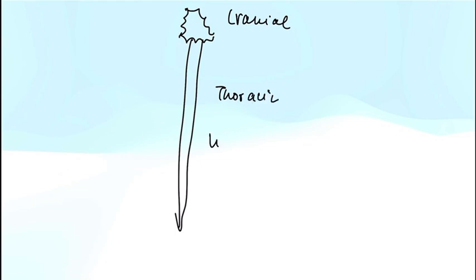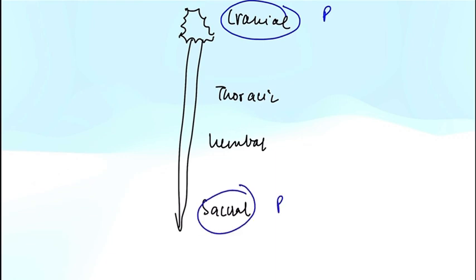Other than that, what you need to know is this is the brain and this is the spinal cord. For the brain we use the word cranial very frequently, and the parts of the spinal cord that we are going to talk about here are thoracic, then lumbar, and then sacral. For the peripheral regions, cranial and sacral, the parasympathetic system originates from them.